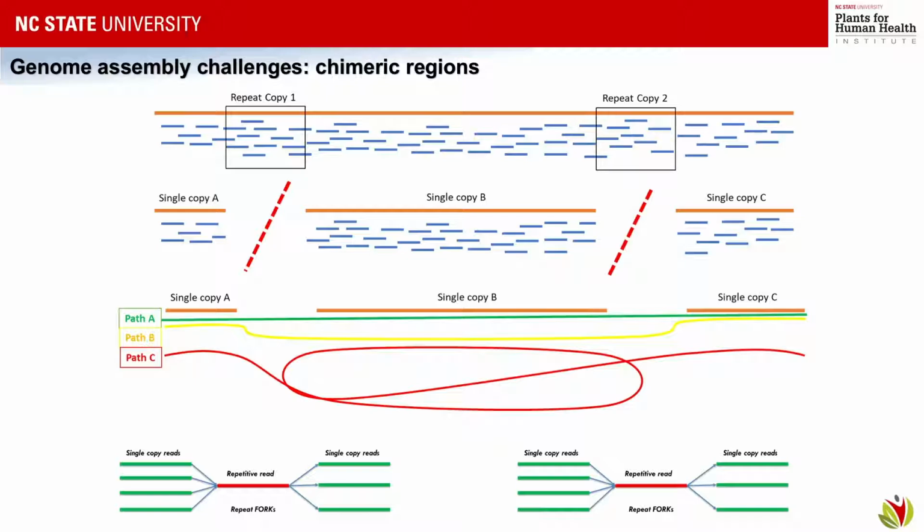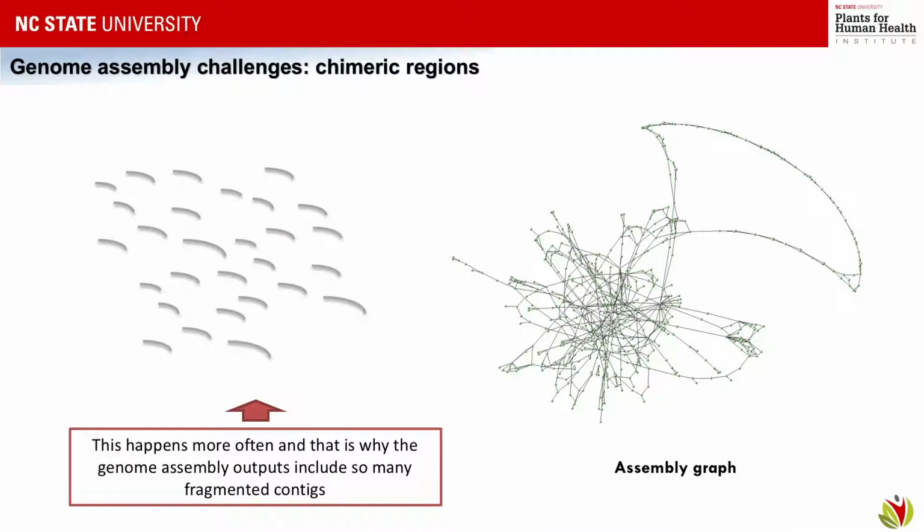And that's why assemblers normally drop it there. They don't proceed any further unless there is enough evidence, or it gets confused and creates the misassembly. So what we get as an output of the assembler is a whole bunch of contigs that are not spanning the whole chromosome, but they are way longer than the reads that we use for the assembly.